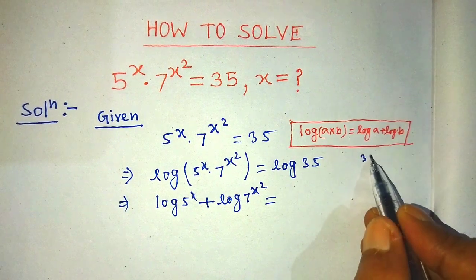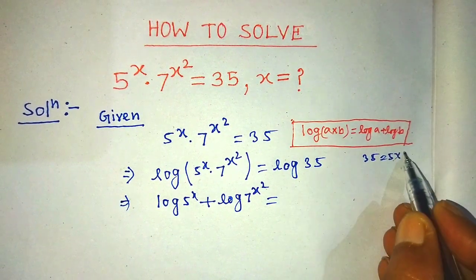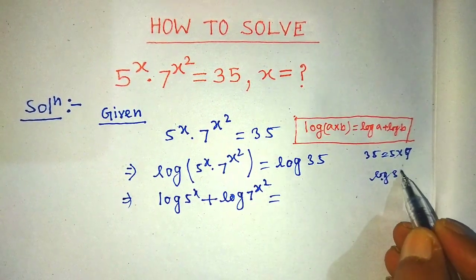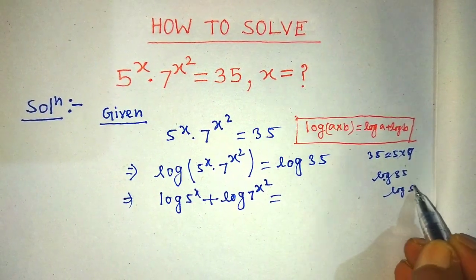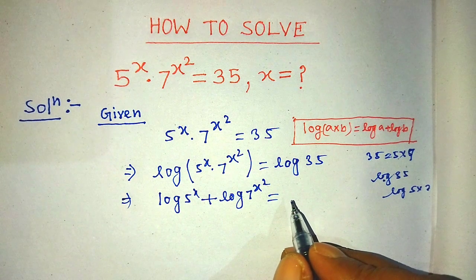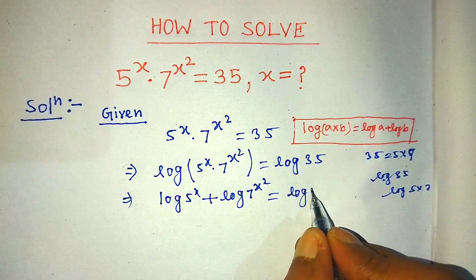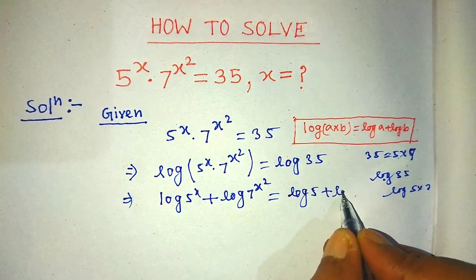So 35, that means 5 into 7. Okay. So log of 35, that means log of 5 into 7. So on the right hand side we have to write log of 5 plus log of 7. Okay.